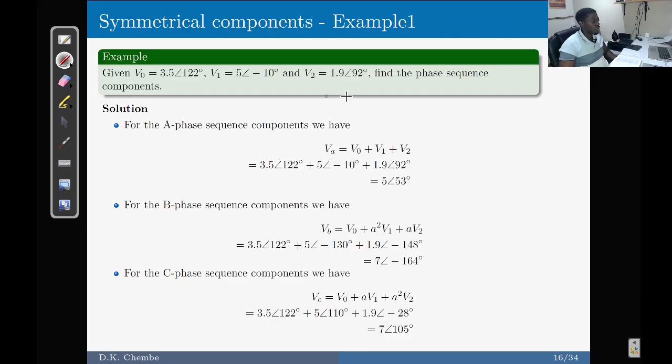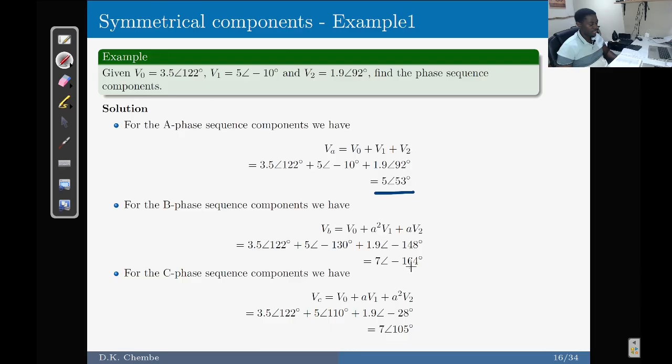So for phases A, B, C, VA is V0 plus V1 plus V2, and this is what you get, which is 5 at angle minus 53. For the phase voltage VB, you have VB equal to V0 plus a²V1 plus aV2.